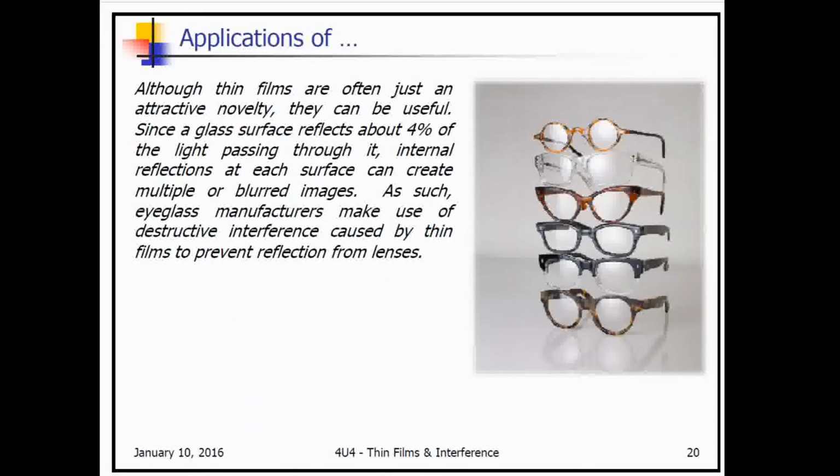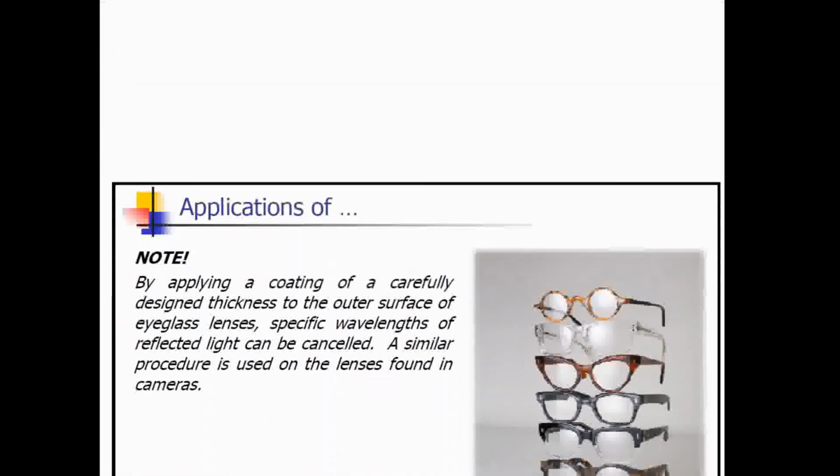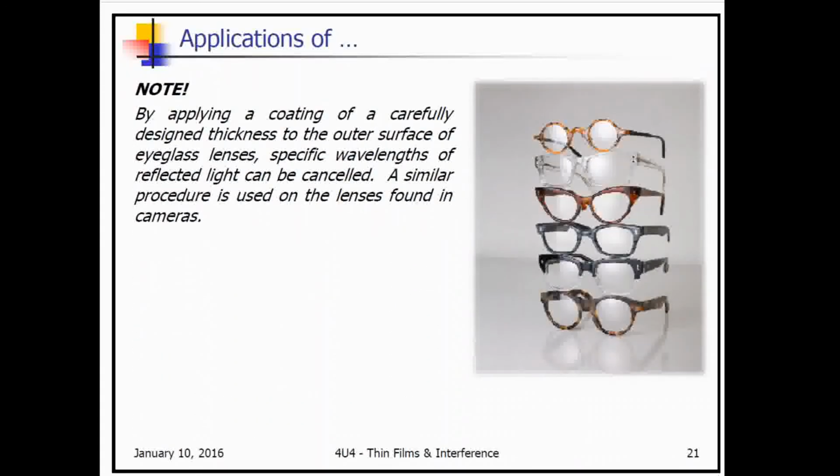It says here, as such, eyeglass manufacturers make use of destructive interference caused by thin films to prevent reflection on glasses. It also says, by applying a coating of carefully designed thickness to the outer surface of eyeglasses, specific wavelengths of light can be canceled out. A similar procedure is used in the lenses of cameras.